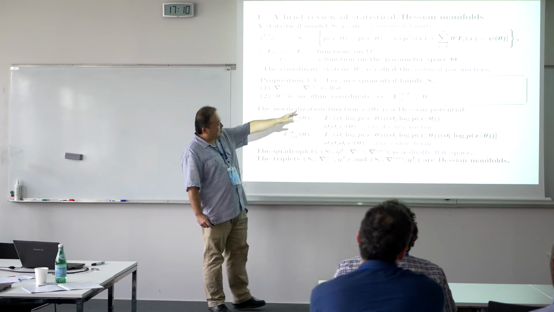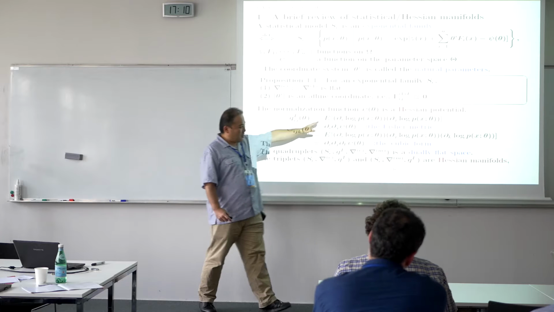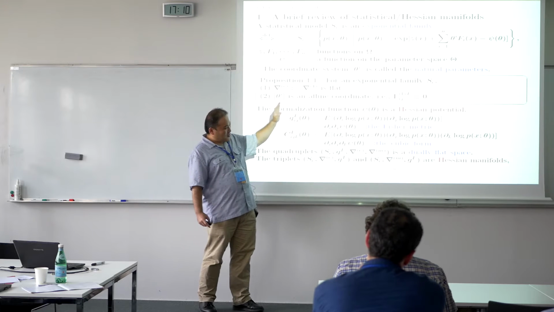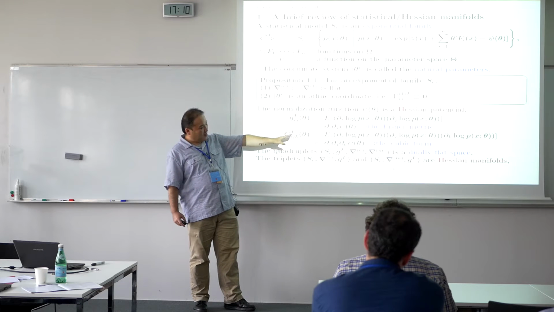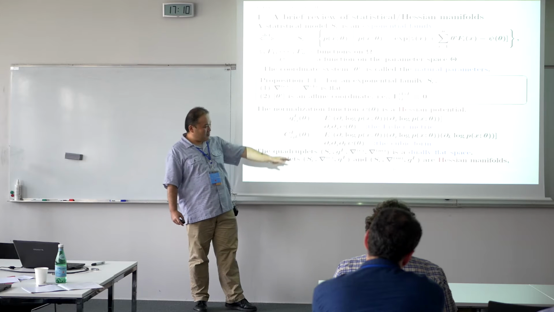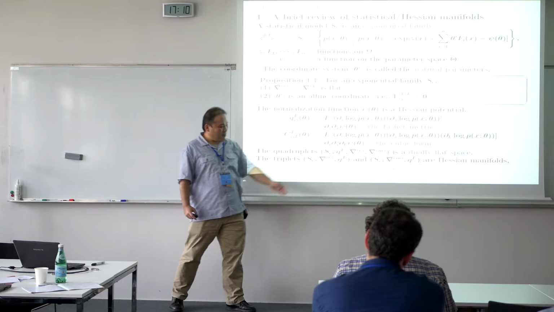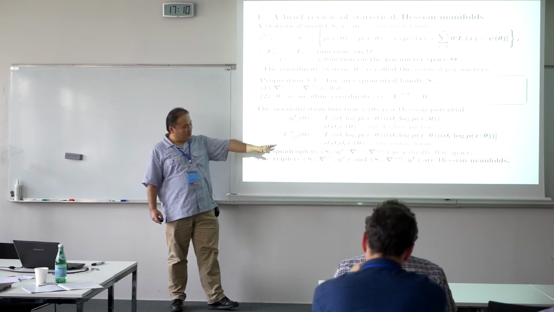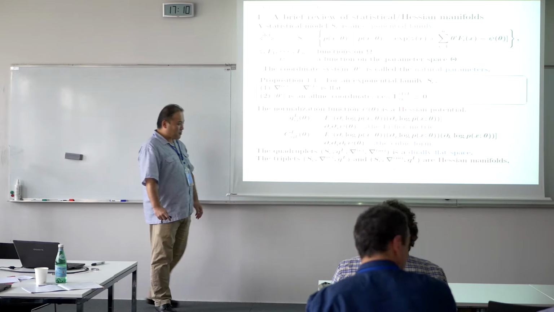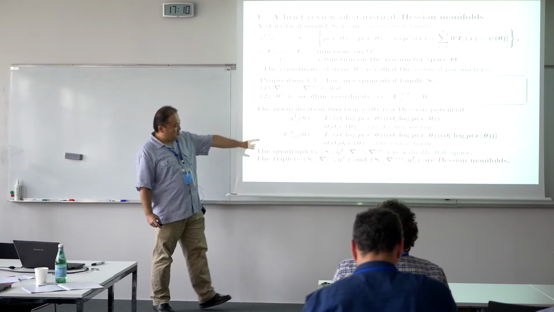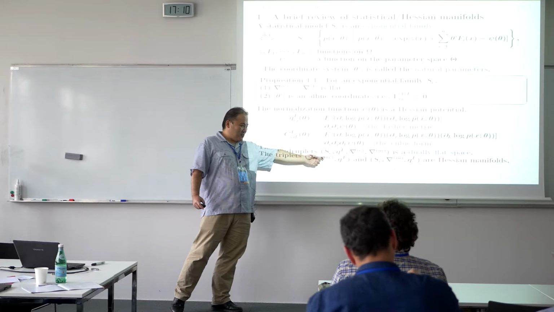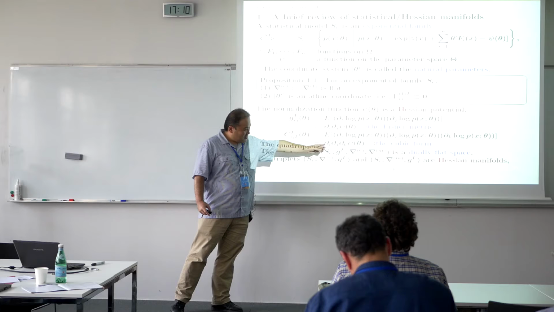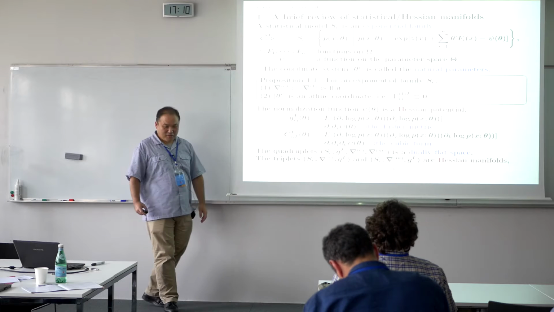The normalization function psi is a Hessian potential. The second derivative determines the Fisher metric, and the third derivative determines the Amari-Chentsov tensor field, or the cubic form. And these structures make a dually flat space.